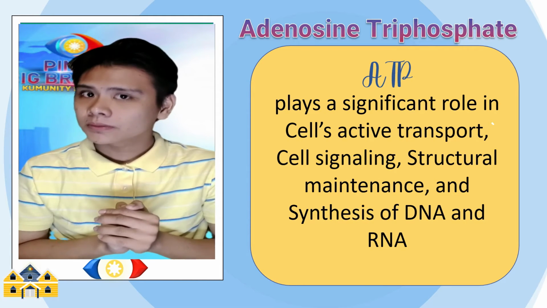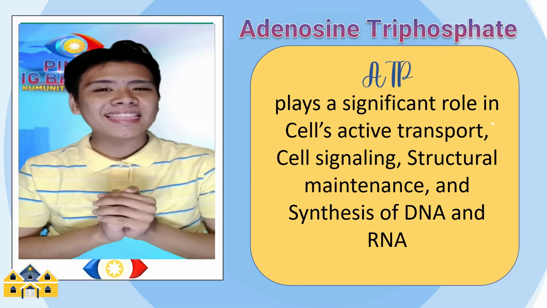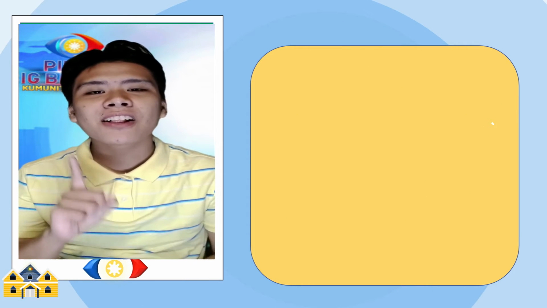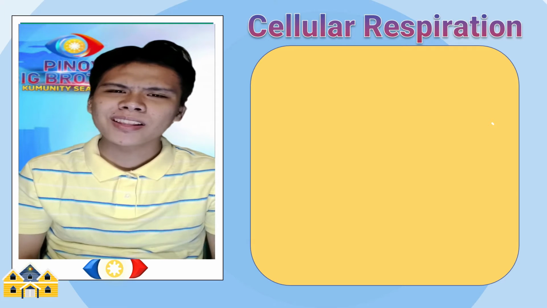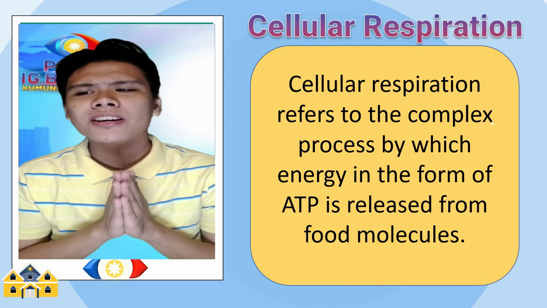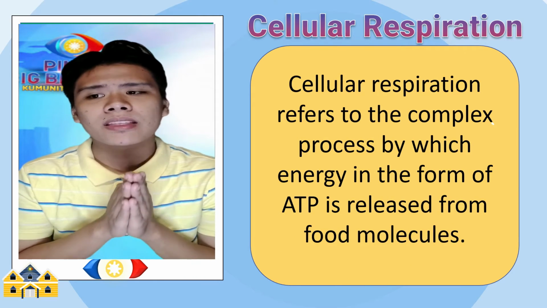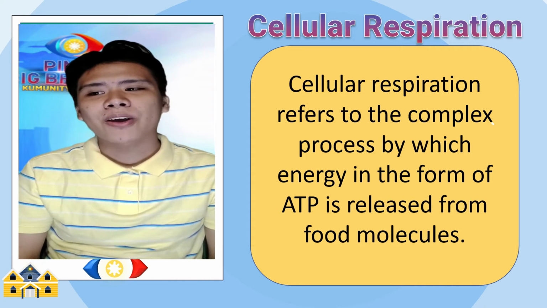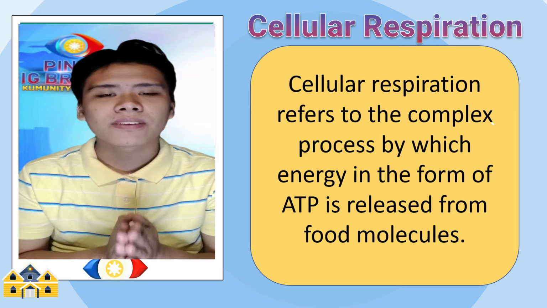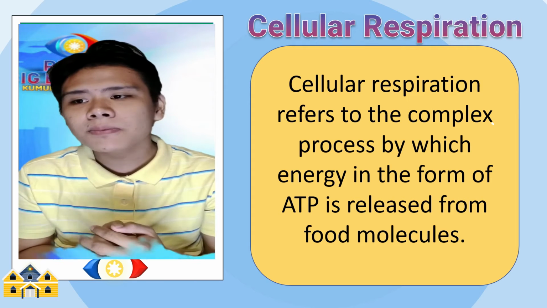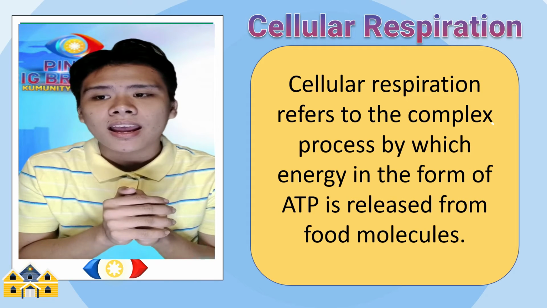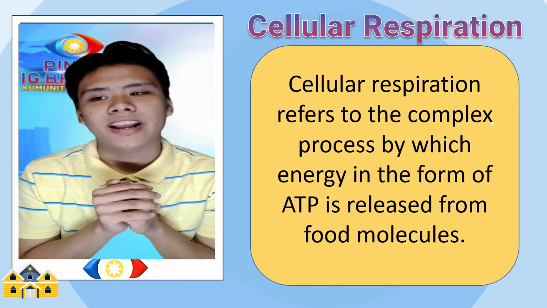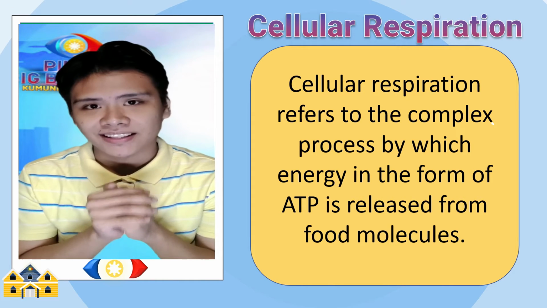So to be able to harness or gain this power of ATP, there is what we call cellular respiration. So what is that? Cellular respiration refers to a series of metabolic processes that take place within a cell, in which biochemical energy is harvested from organic substances and then stored in an energy-carrying biomolecule for use in energy-requiring activities of the cell.